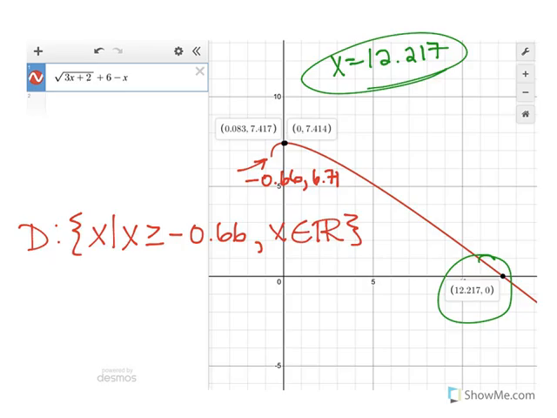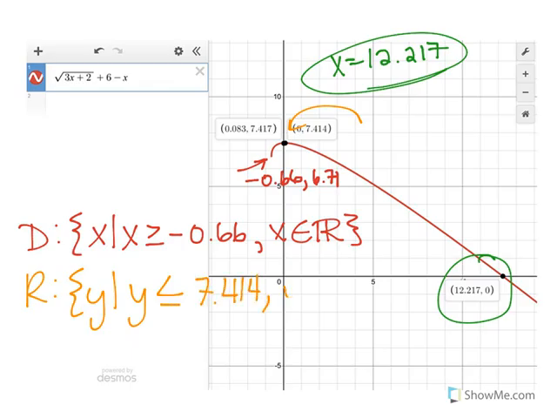Our range has to be lower than this point. Oh, I just drove through it. Lower than this point. So our range is y such that y is less than or equal to 7.414. And that's everything.